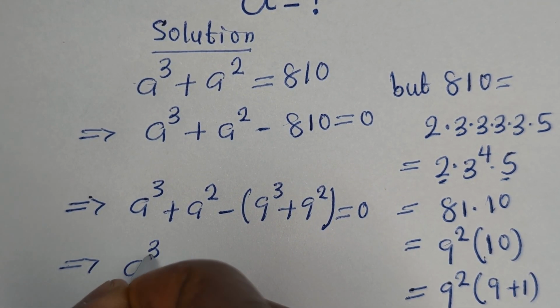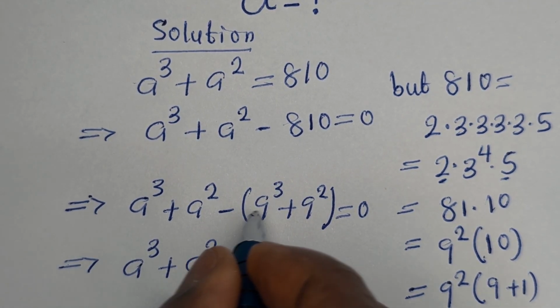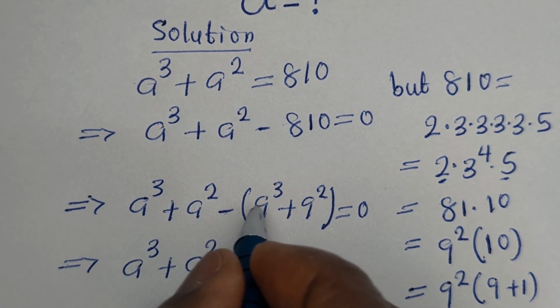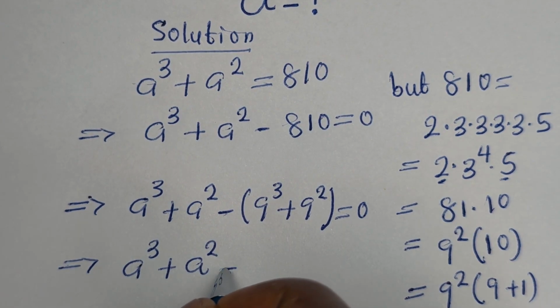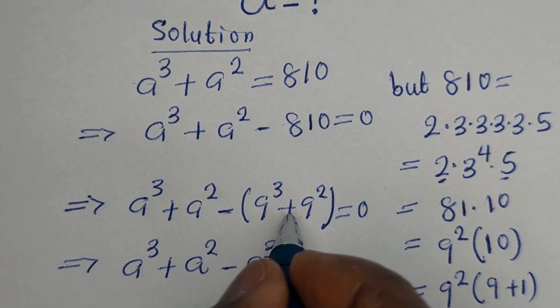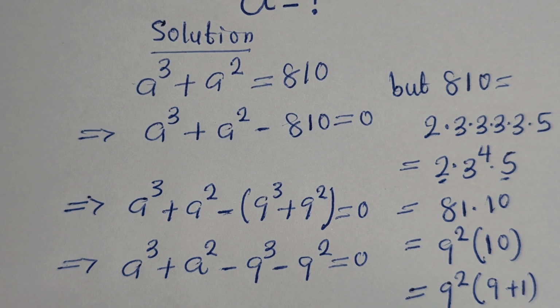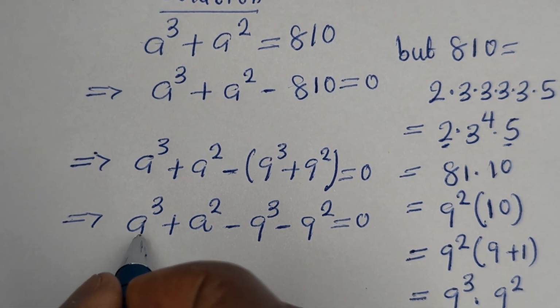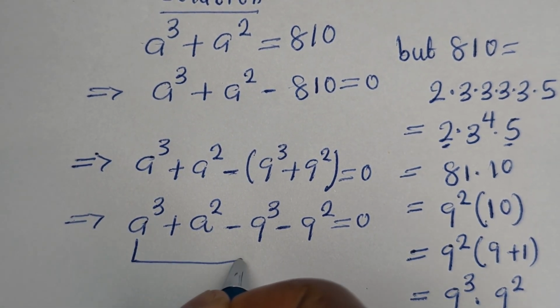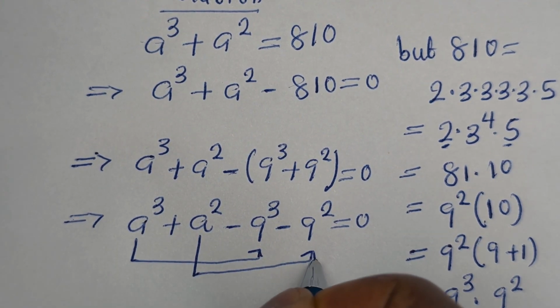A raised to power 3 plus a square, let's open the bracket with minus. Minus multiplied by this, we have minus 9 raised to power 3 plus 9 square. This is minus 9 square is equal to 0. Now let us pair this: a raised to power 3 to 9 raised to power 3 and a square to 9 square.